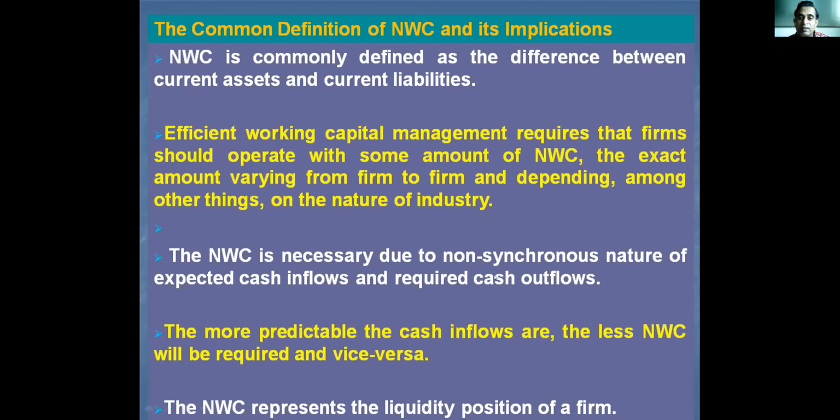So the non-synchronous nature means the time when the company requires money to purchase raw materials, to manufacture goods and to transport them to the customers is different from when they receive money from their customers. So in the in-between time period, the company should have money to meet the obligations that are on hand. One simple example is the payment to creditors.